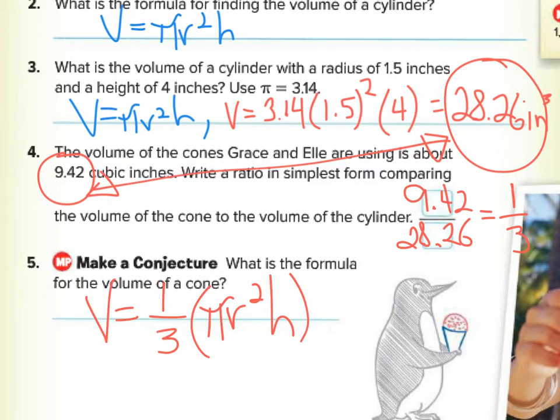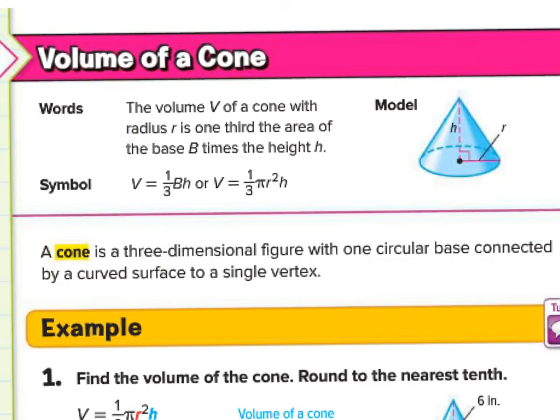Now, we do not have to put in the brackets. And that's it right there. That's the formula we're going to be using for this lesson. And here is the formula officially. Volume of a cone. The volume V of a cone with the radius r is 1/3 the area of the base times the height.